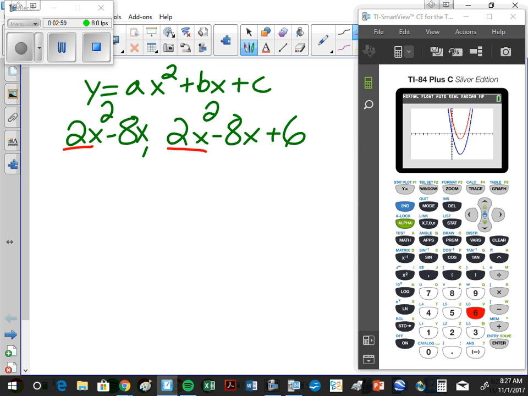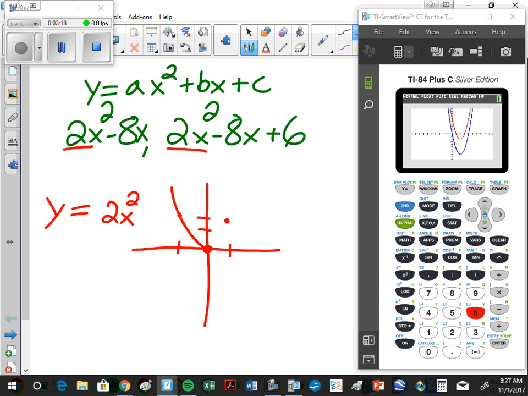So if I had y equals 2x squared, that graph would start here at 0, 0. And then how do I graph 2x squared? Over 1, up 2, over 1, up 2. And it's a parabola that's twice as tall as the parent function.